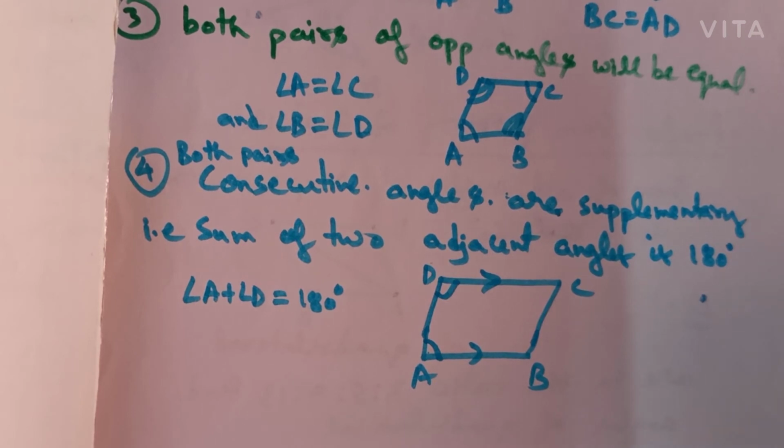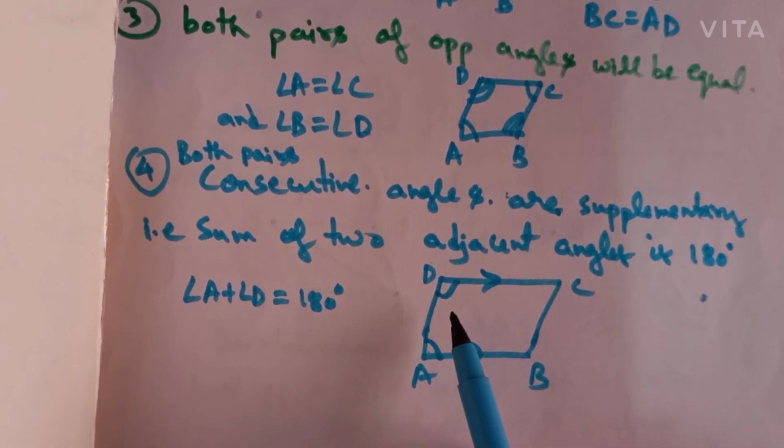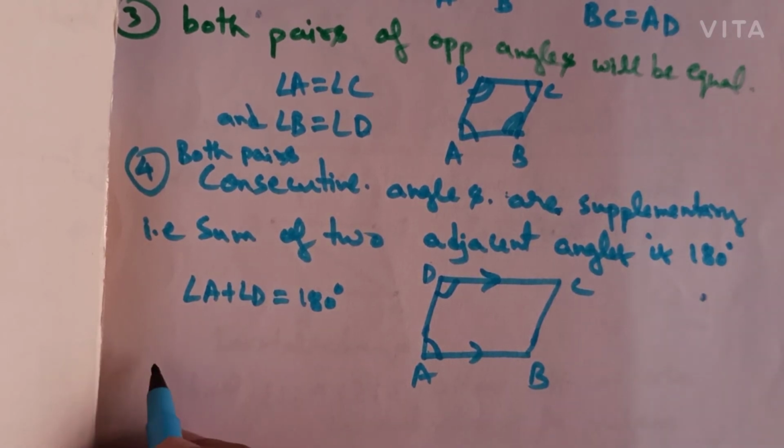That is, the sum of angles A and D will be 180 degrees. Similar is the case with angle A and angle B, because AD and BC will also be parallel, B and C will also be 180, and C and D will also be 180 degrees. Okay.